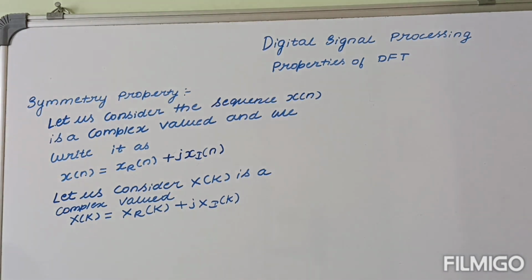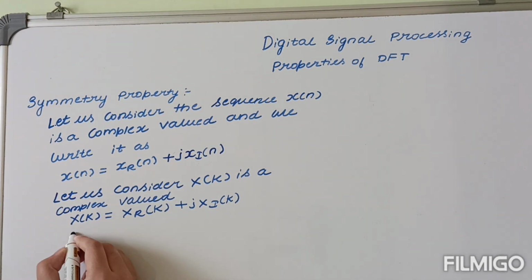Now what I have to do is use my formula. I need to substitute x of n in the formula, the summation from n equal to 0 to n minus 1 of x of n into omega n to the power kn. Let me write the DFT formula.